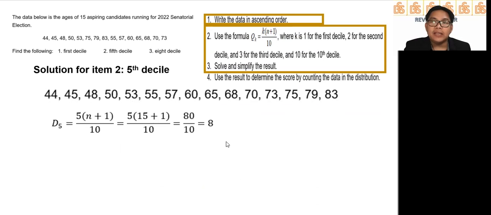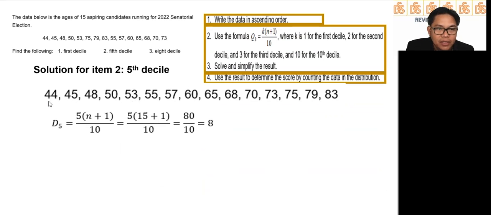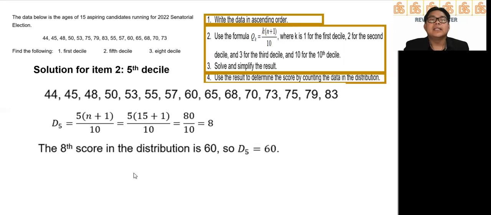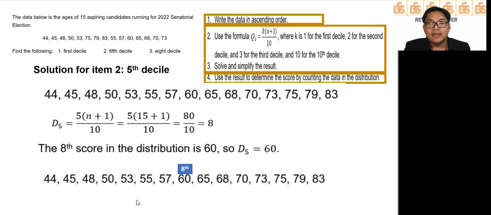It's the 8th score. If we look for the 8th score, just count: first, second, third, fourth, fifth, sixth, seventh, 8th. And as you notice, the 8th score is actually 60. Therefore, the fifth decile, or D sub 5, is 60.